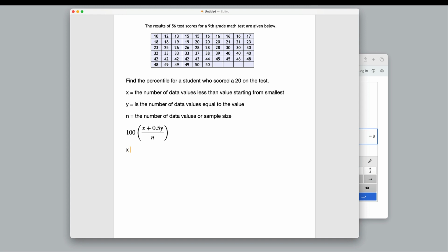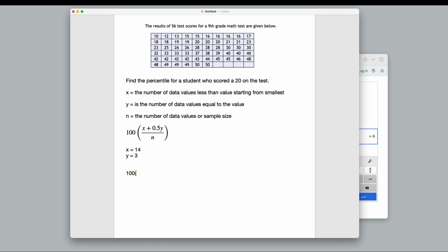So there are 14 values less than 20. y is the number of data values equal to the value of 20. Let's look in our data set. There is 1, 2, 3. There are 3 data values that are equal to 20. So y equals 3.